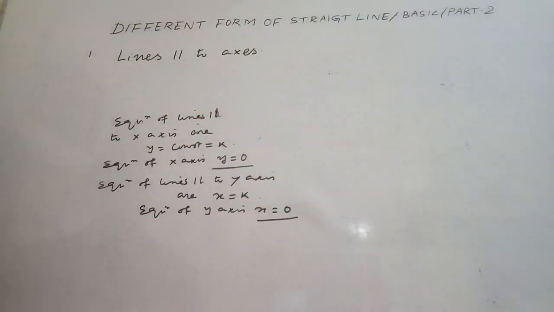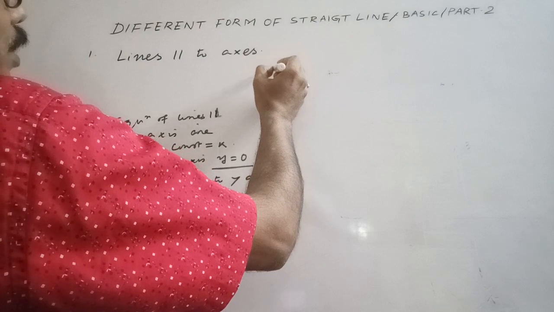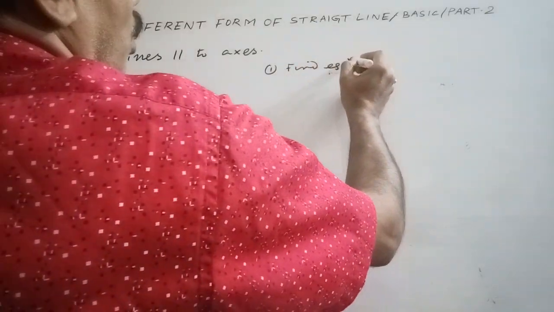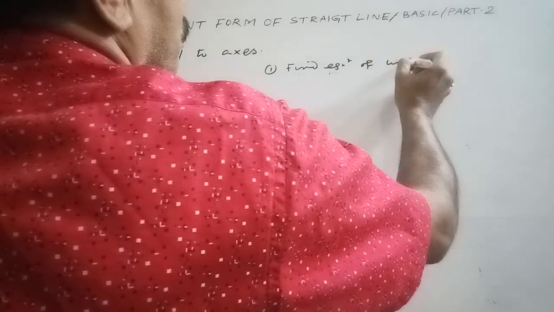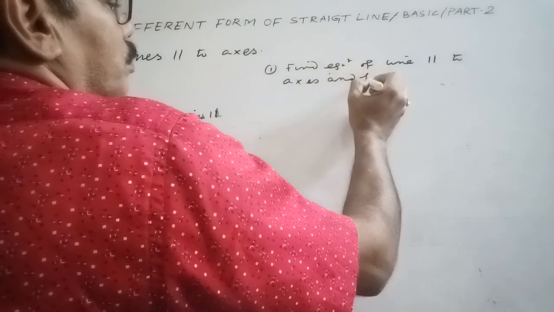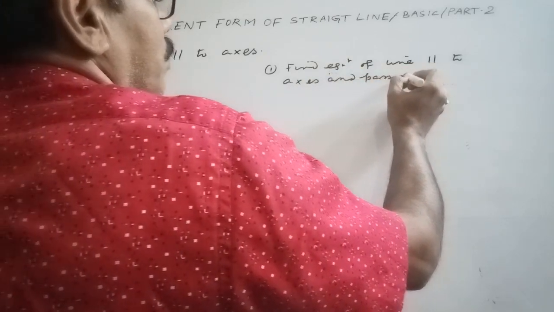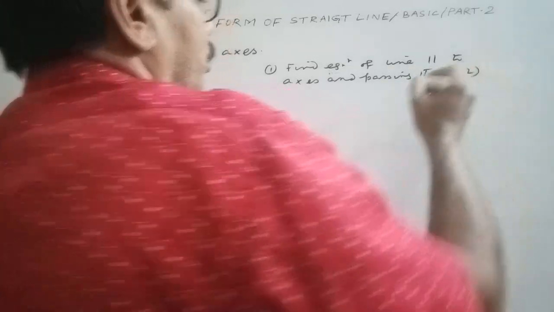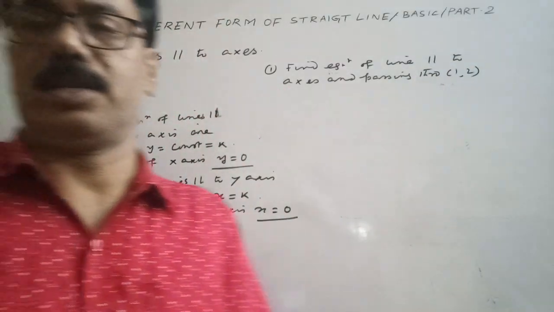Unique line. So application. Find the equation of line parallel to axis and passing through (1, 2).